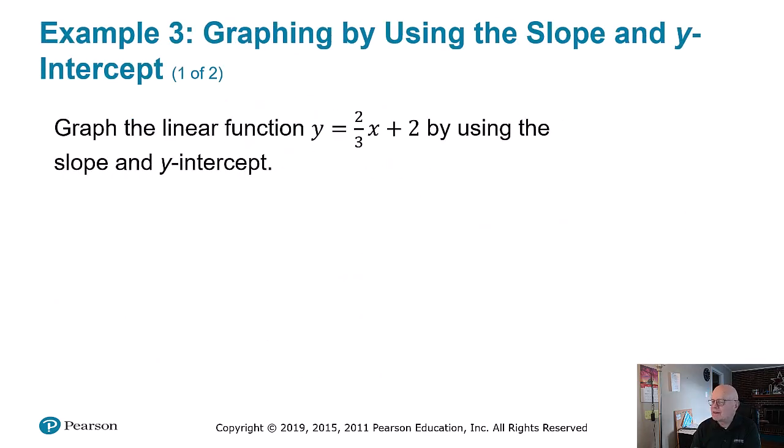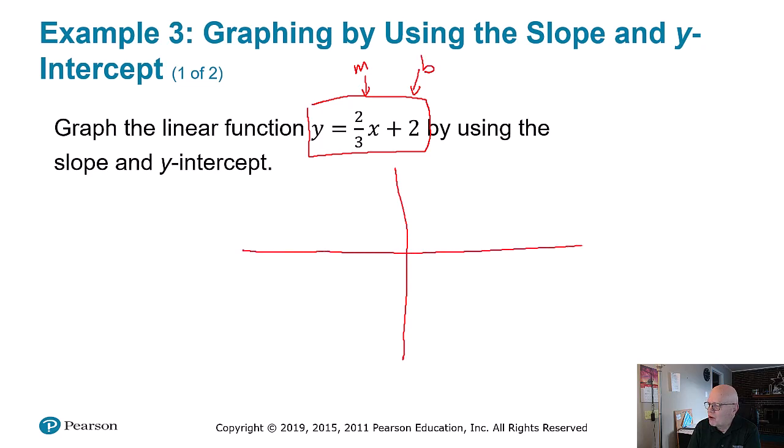So let's get to an example here and see how this really works. Here's our equation in slope-intercept form. That means the slope is here, that's m, and the y-intercept is here, that's b. So how do we graph it? I'm going to just do a rough one. I didn't go to mathbits.org yet. First of all, we go to the y-intercept. The y-intercept is going to be 2 units up here, so there's 1 point.